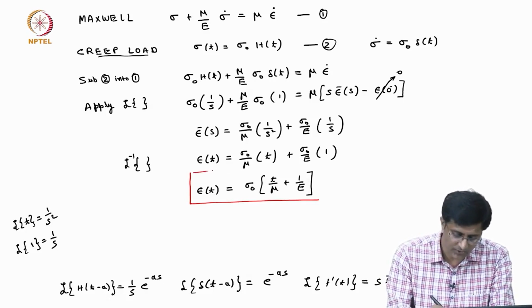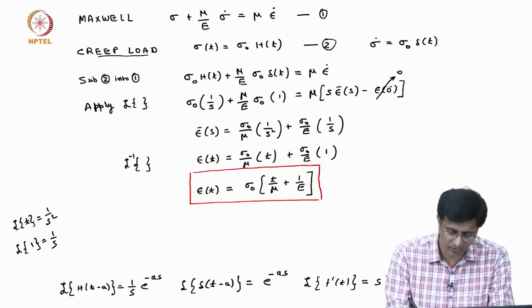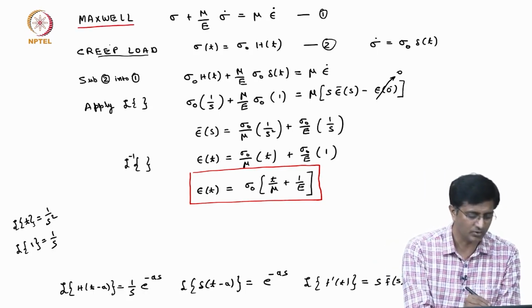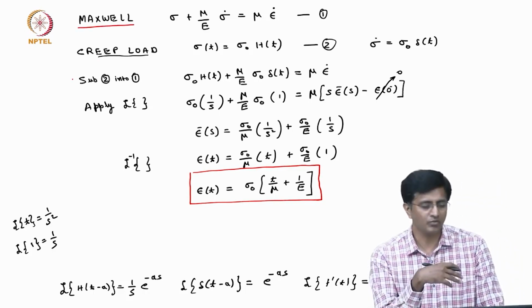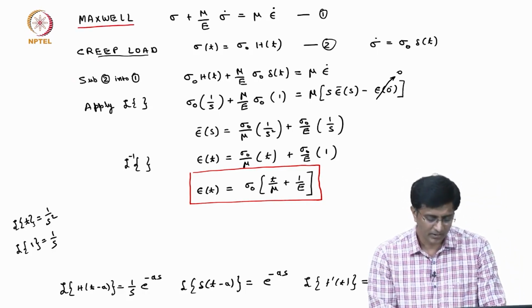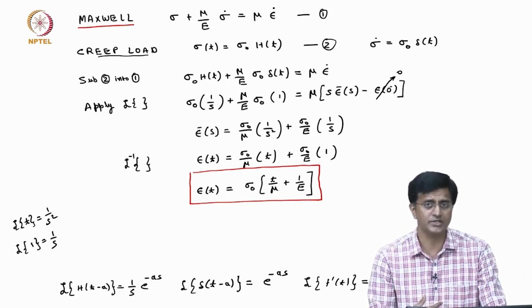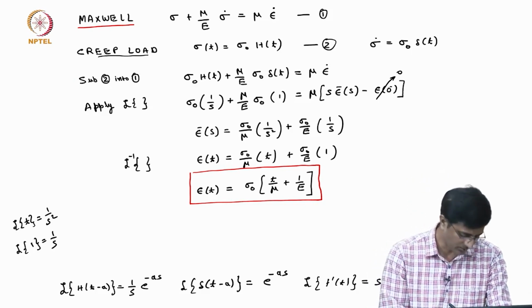This is the response we are looking for the creep load when we were discussing this Maxwell model. So, for a Maxwell model, when a creep load is applied, the strain is given by this expression here. But let us try to visualize what this expression is by using some plots.